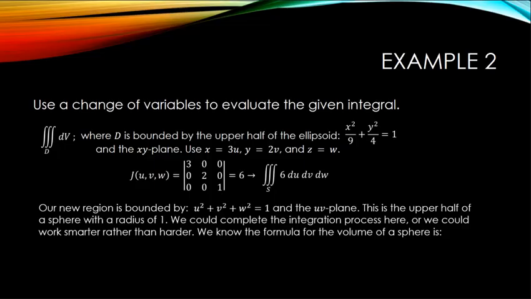We know the formula for the volume of a sphere is V is equal to 4/3 pi r cubed. So if I take half of that volume and multiply it times my Jacobian, I'm going to get an integral value of 1/2 times 4/3 pi times 1 cubed times 6, which is equal to 4 pi.